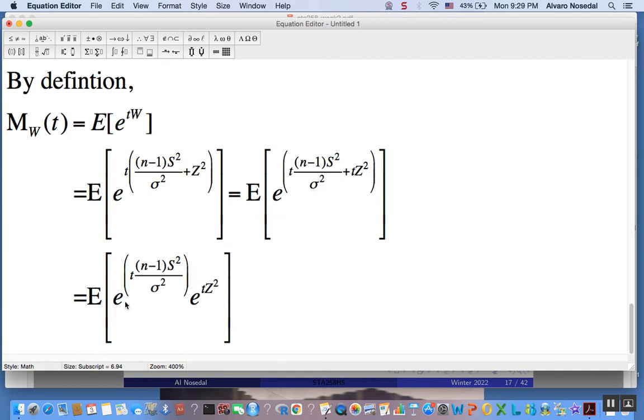This is the same as the product of these two exponentials, but now we're going to be using the independence.